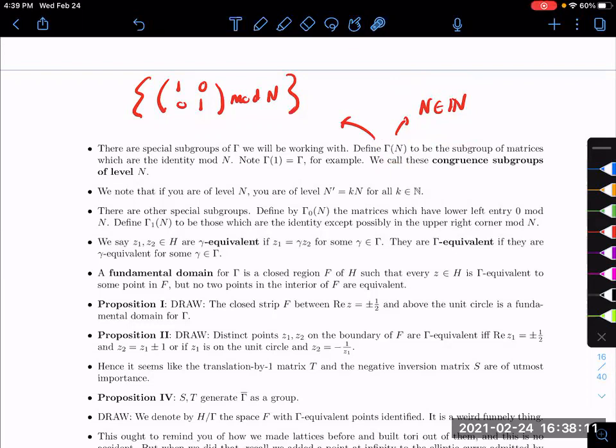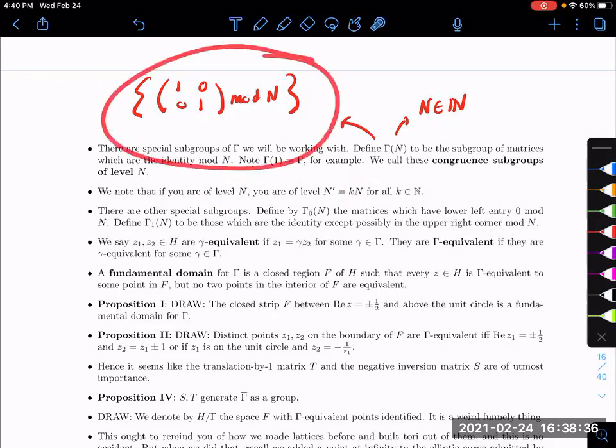Now, if you are a congruence subgroup of level N, I think we can all see immediately that you're also a congruence subgroup of level any multiple of N. Convince yourself of that if you don't believe me. That's not going to be a huge fact for us, but it's worth mentioning.